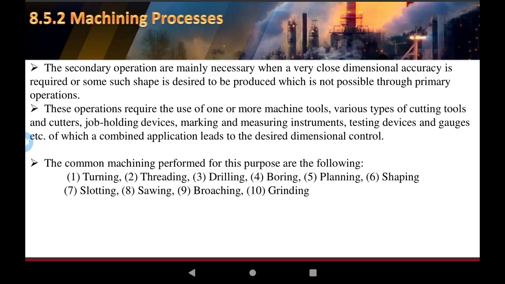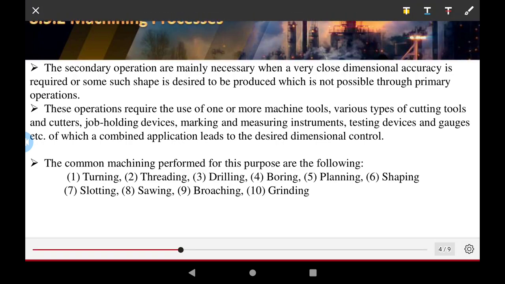The machining process is the secondary manufacturing process, in which extra material is removed from the workpiece with the help of machines, tools, and other power equipment.